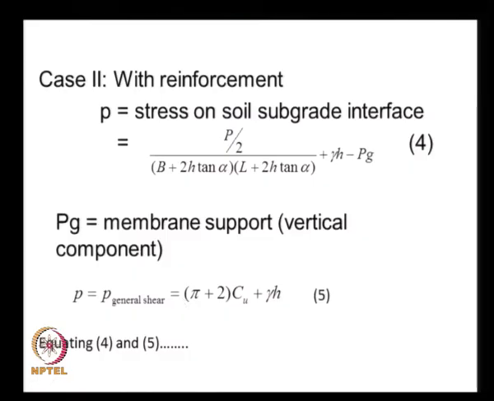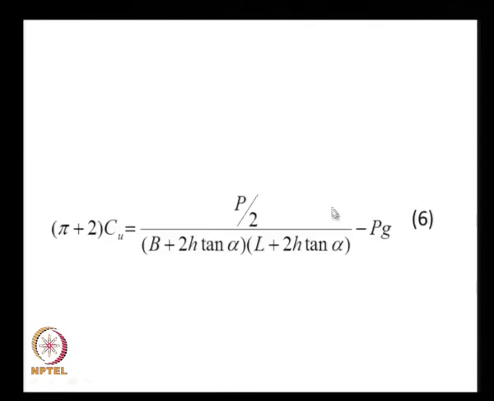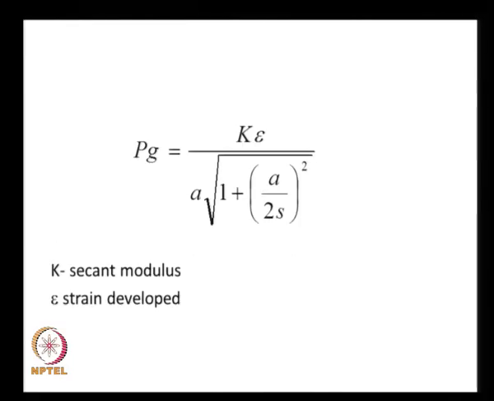So, that is 2 plus pi times Cu, our bearing capacity, and by equating these two equations, 4 and 5, we can get this equation: pi plus 2 times Cu is P by 2 times this whole quantity minus Pg, where Pg is the additional support that we get because of the provision of reinforcement.